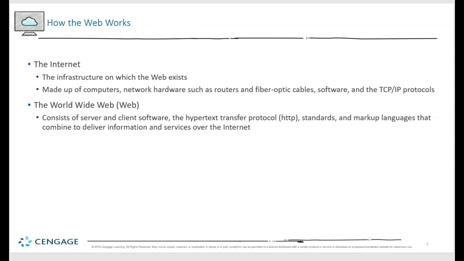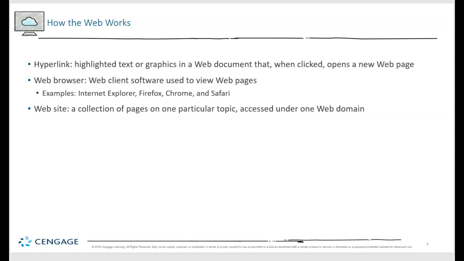The World Wide Web consists of server and client software and standards and languages that combine to deliver services across the internet. So you've got one that's kind of like the hardware, and the other part is like the software, like we've been talking about.